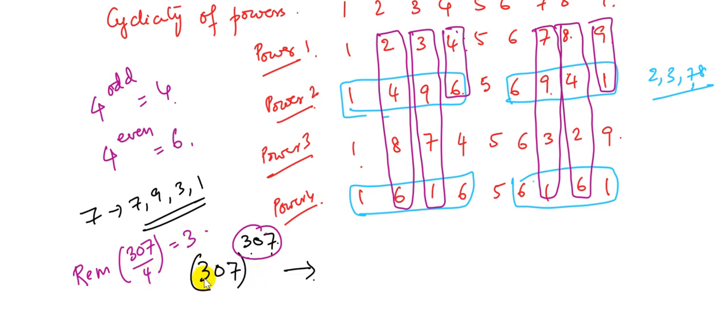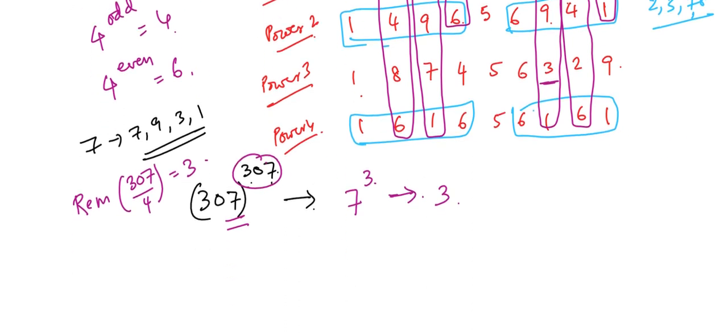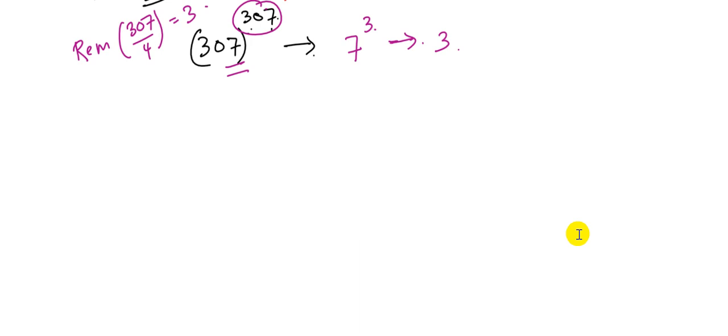Right? So this will be 7 to the power 3. The last digit raised to the remainder of the power, 7 to the power 3, means it will end in a 3. Yes, sir. Clear? So this is how you calculate the last digit of a power of a number. Okay, sir. Okay.